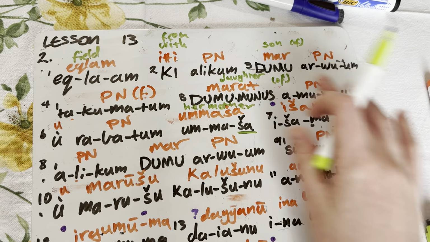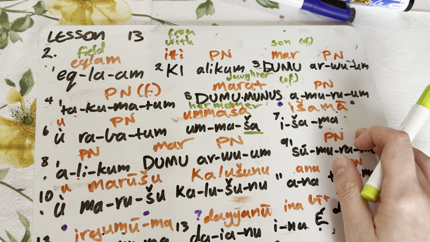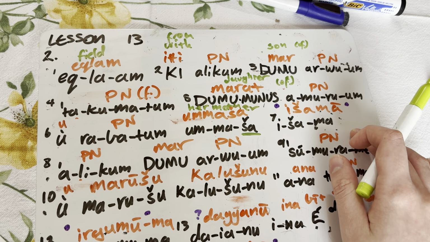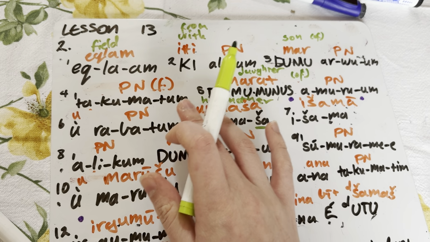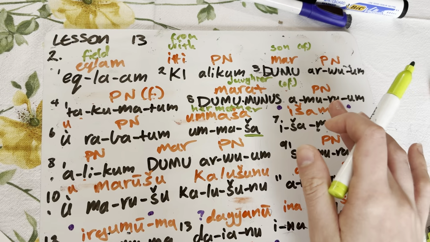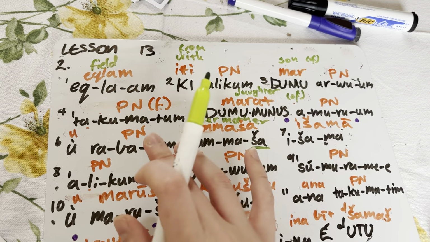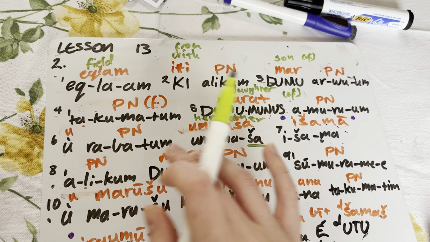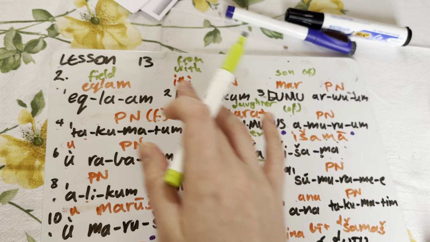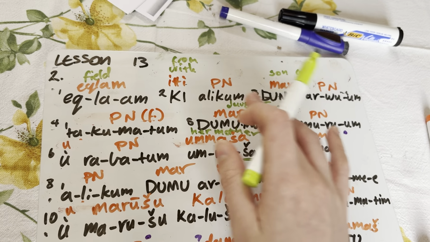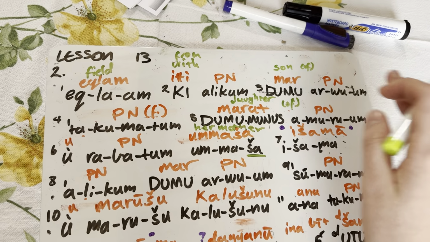So in essence, what I'm thinking it says so far, this little first part of the contract is: Takumatum, daughter of Amurum and Rabatum, her mother, they bought the field from so-and-so, Alikum, son of Adwum.